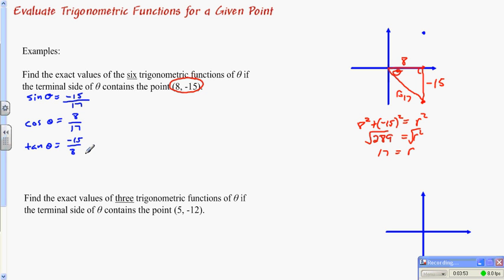From those 3, we can do our reciprocal trig functions. For tangent, it's cotangent, which would be the reciprocal. Cosine is secant, and sine is cosecant. And those are our 6 trig functions. Now make one little observation here, if you will.